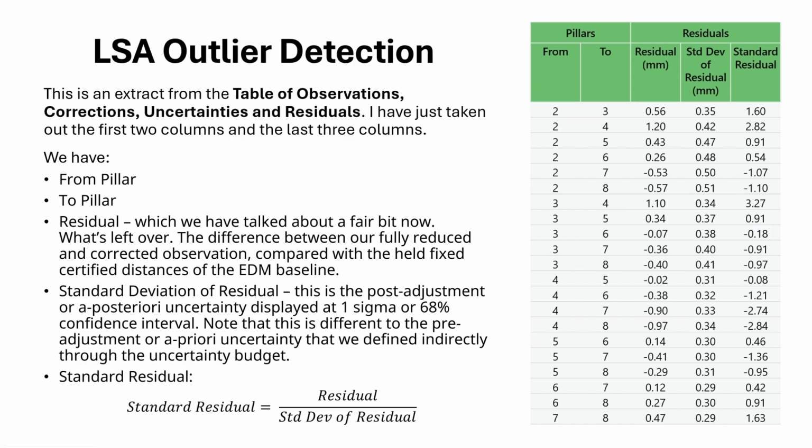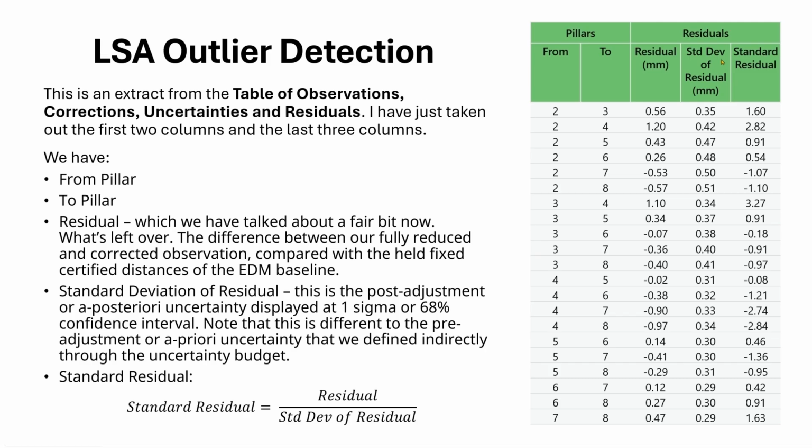Let's take a look at this extract from the table of observations, corrections, uncertainties, and residuals. For simplicity's sake, I've just taken the first 2 columns and the last 3 columns. The first 2 columns are from and to pillar. The last columns are the residual, which we've talked about a fair bit now. It's what's left over. We have the standard deviation of residual.